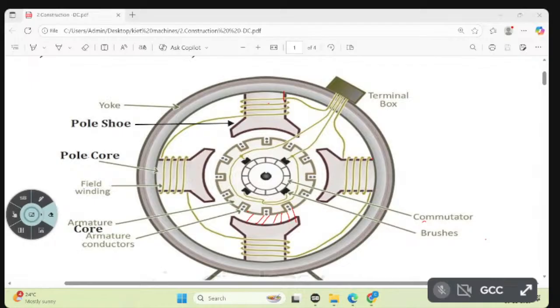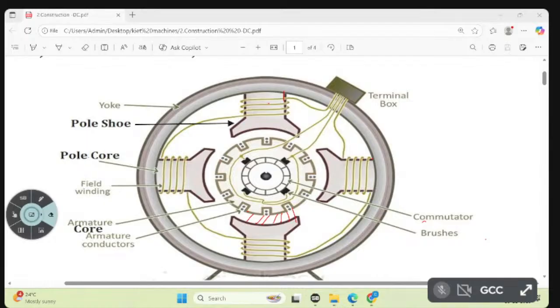Mainly two. In the stator, what are the different parts? In the stator we have only three parts. One is called the pole, the second is called the pole shoe, the third is called the winding. It is a field, north pole, south pole, magnetic field. Can I say field winding?